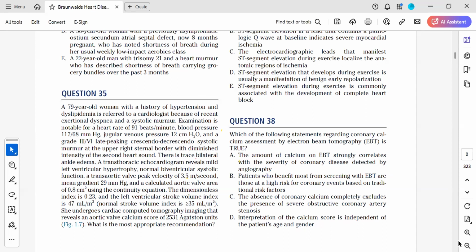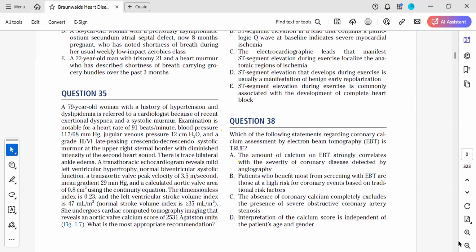To achieve this, in the 5 chamber view we interrogate the aortic valve using continuous wave Doppler and trace the CW. We also put the pulse wave sample just at the left ventricular outflow tract, and then we measure the left ventricular outflow tract VTI.